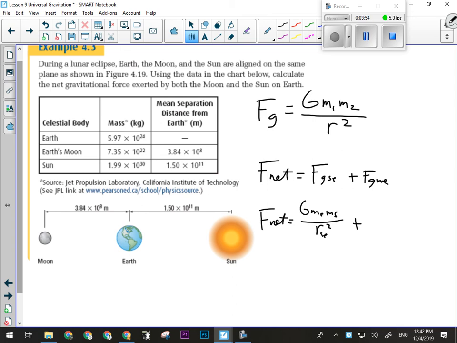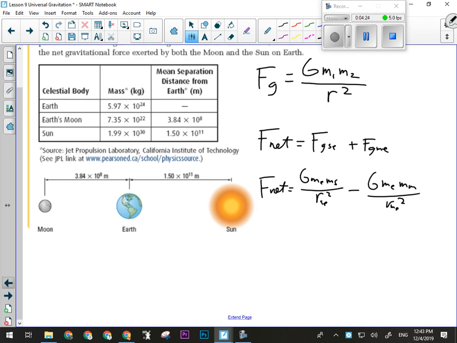And I'm going to add that to, but it'll be negative, so I'll just say subtract, because that's quicker. Subtract big G times the mass of the Earth times the mass of the moon divided by the radius between the moon and the Earth squared. I just have to calculate those two forces and subtract them, and I will have the net force of gravity acting on the Earth when the moon, Earth, and sun are aligned in this way.